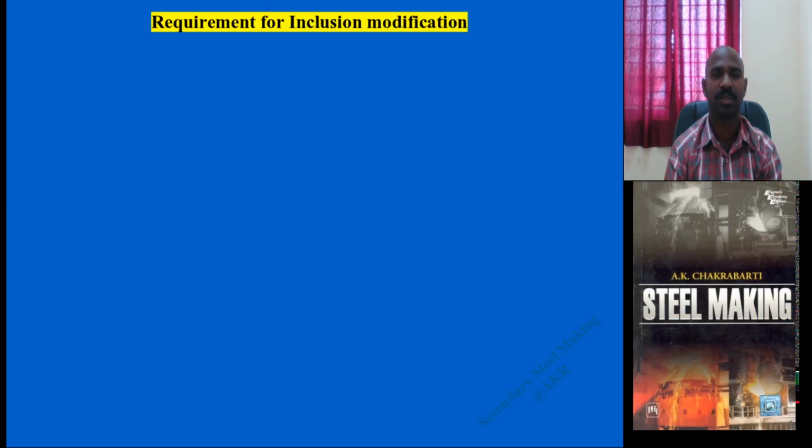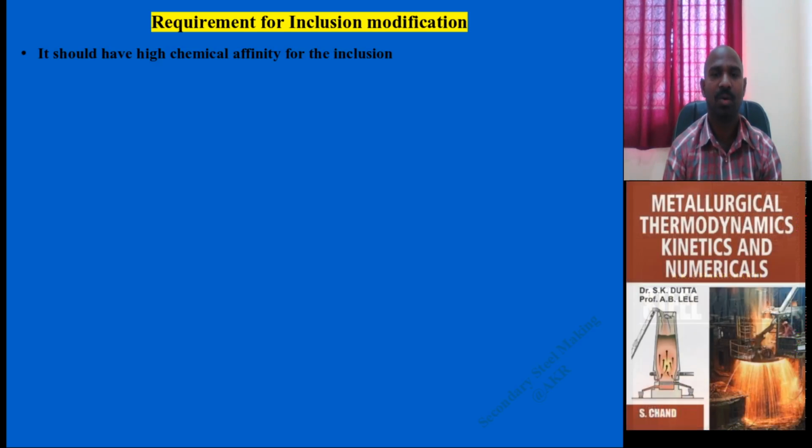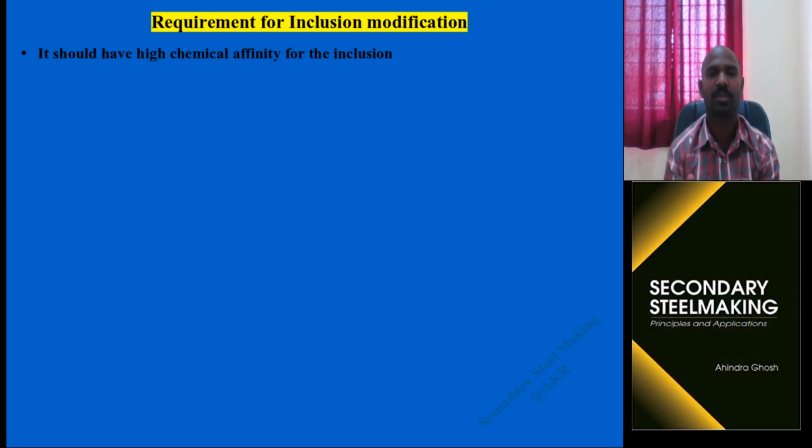And how do you modify the irregular size of inclusions present in the molten steel stage? What is the requirement? The first requirement is that the element should have high chemical affinity towards these inclusions. It could be oxide inclusions or sulfide inclusions.